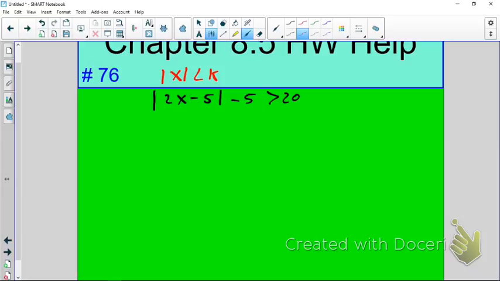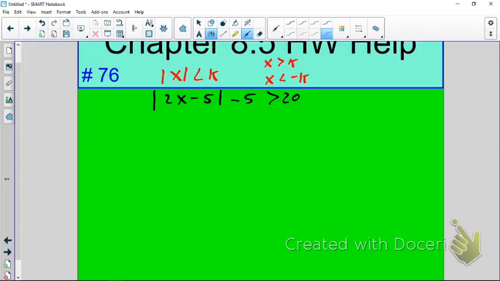So we will say that we end up with x is greater than k, and then the second one will be x is strictly less than negative k. So this time we get to introduce this less than, as opposed to before it was just either equal to a positive number and a negative number.